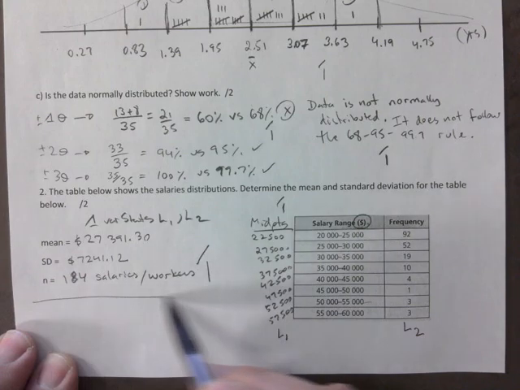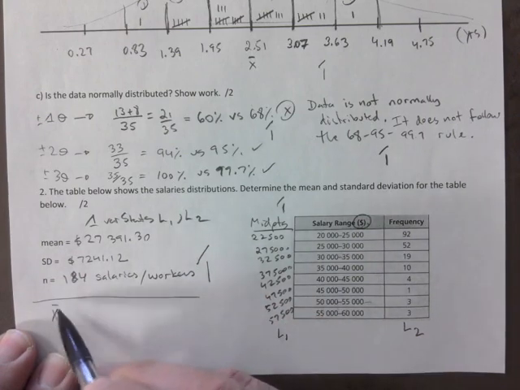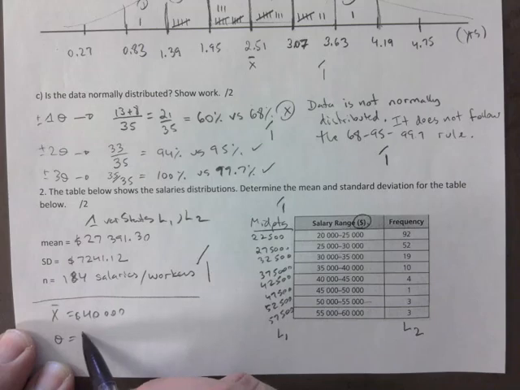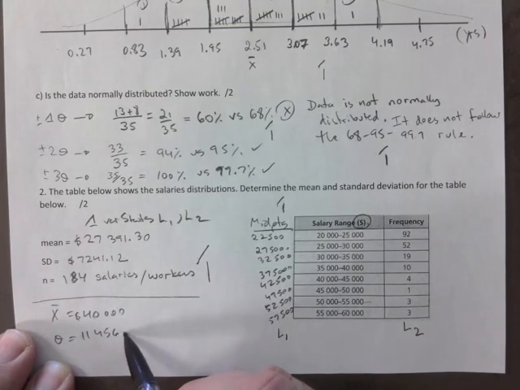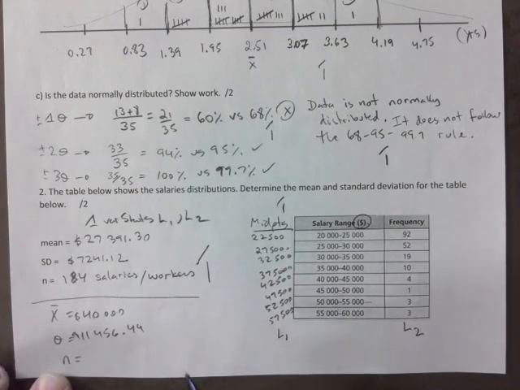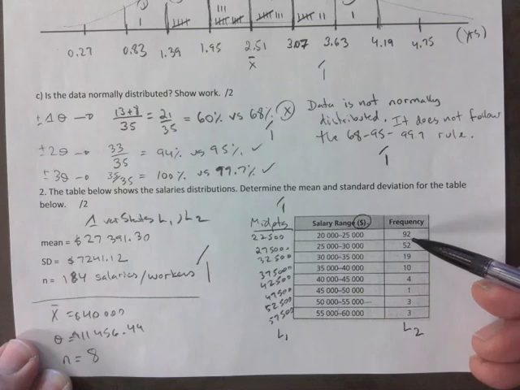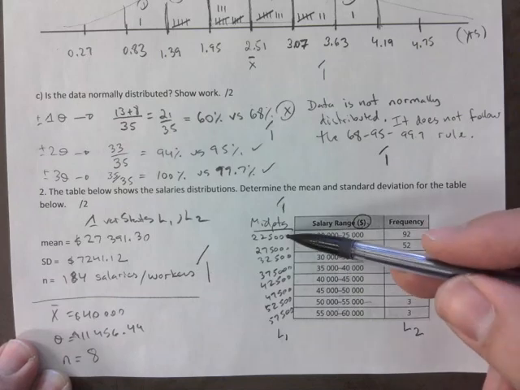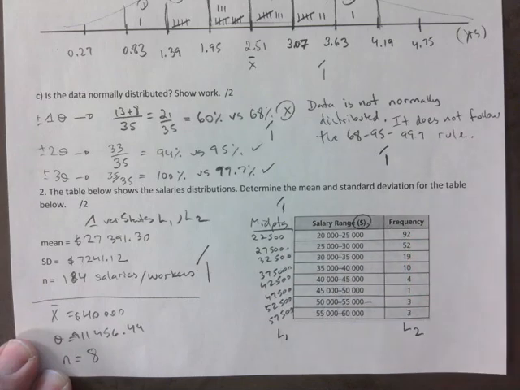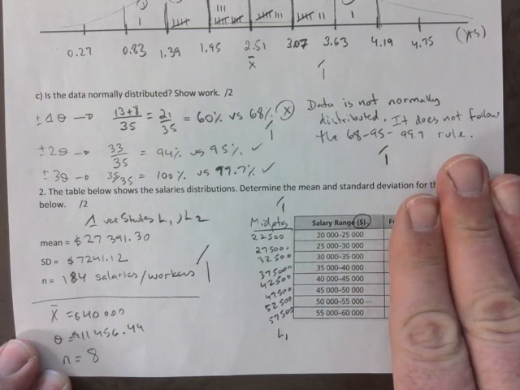If you did not use L1 and L2, you're getting this. You're getting 40,000 for your mean, and the standard deviation will be 11,456.44. And this is the greatest indicator that you did something wrong. N is equal to 8. Like, you're literally just counting. It's really just counting these 8 salaries. It's thinking there's just these 8 because you didn't feed it the frequency, right?